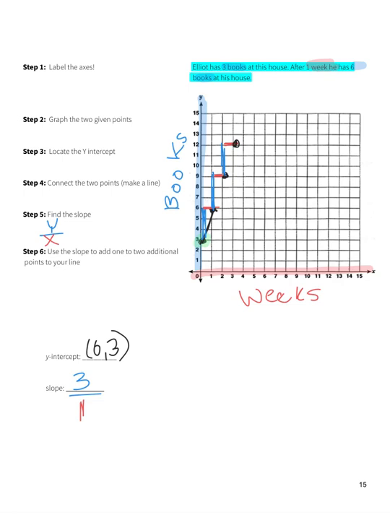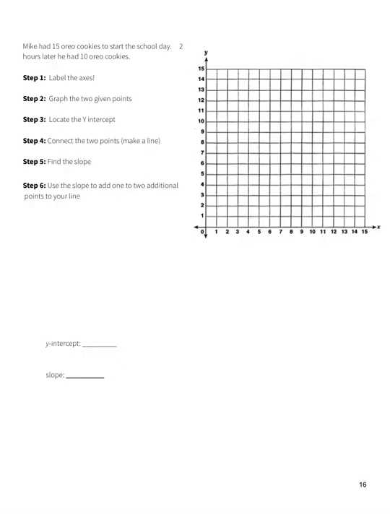All right, and now we can see what the line would look like. And that represents our constant rate of change, or our slope, which is every week 3 more books. Okay, I would like you to try this example on your own, and then we'll go through it.